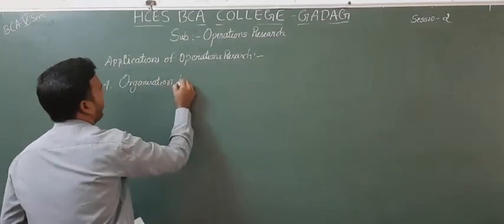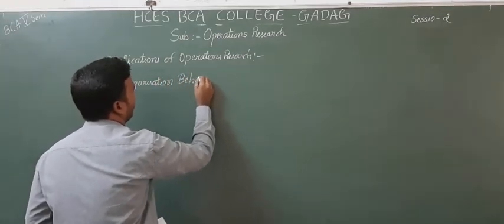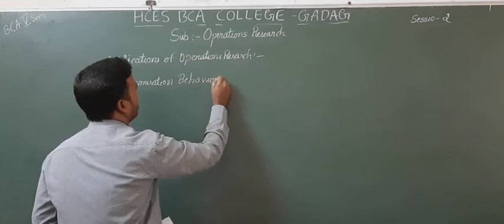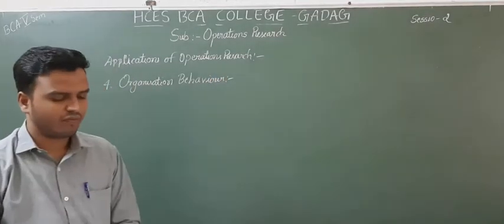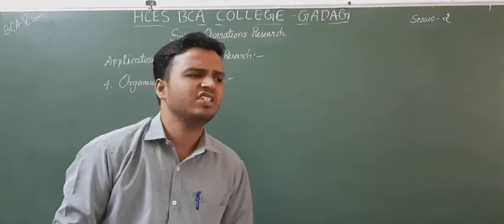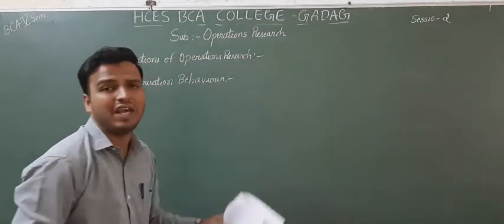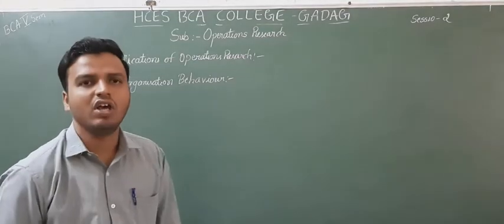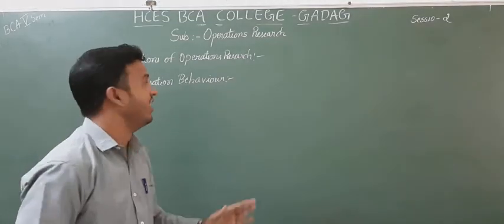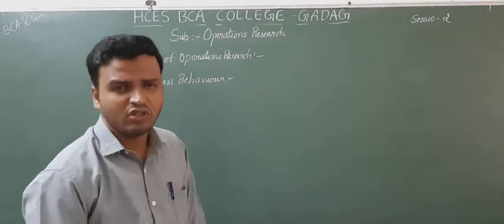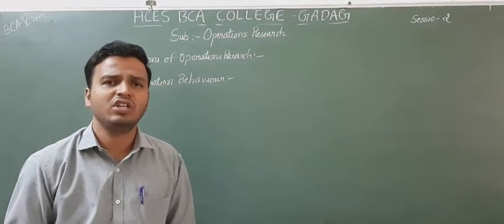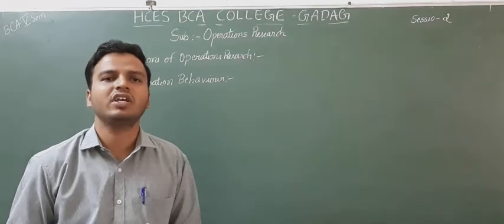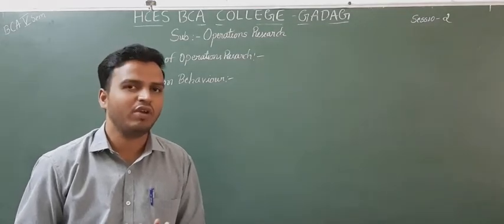Here, organization behavior is nothing but personnel management. It is also called the personnel management area. Here also some factors we have to consider. In those factors, OR technique decision making is very important.